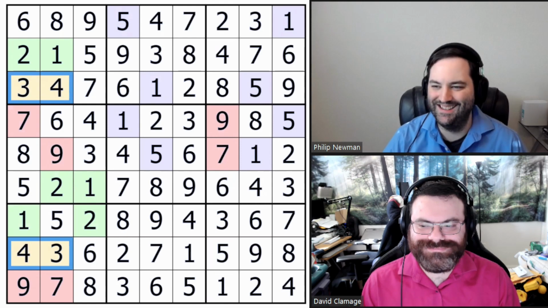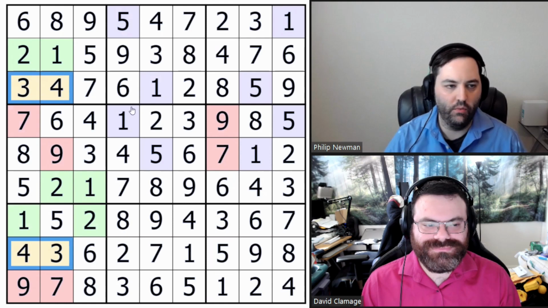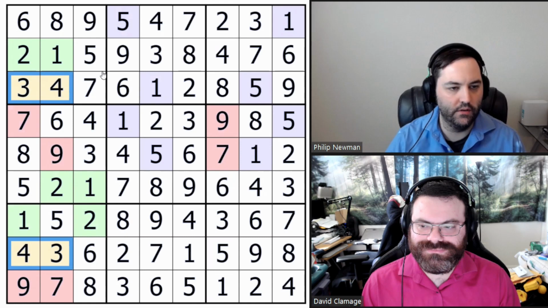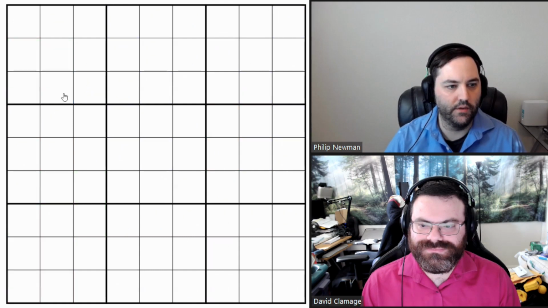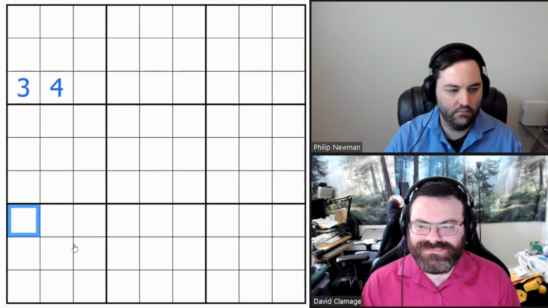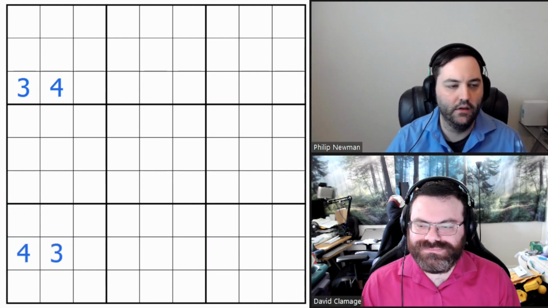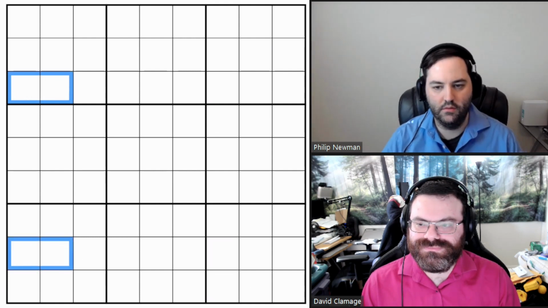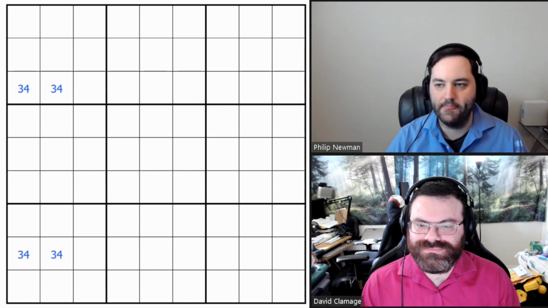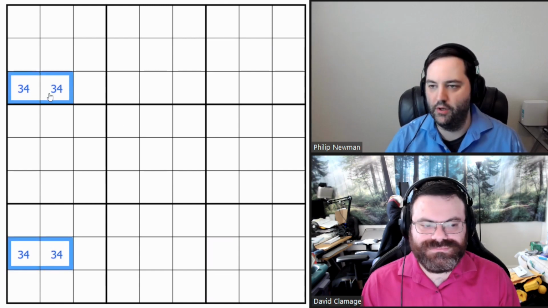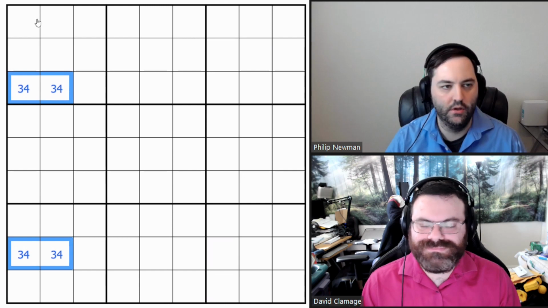Why do I care that I have that pattern? Well, if I were to remove these digits and just leave it as, I know there's a 3 and a 4 there, but I don't know what order they're in.